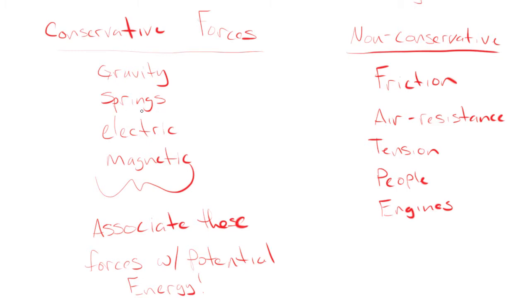And we've, of course, already done that for springs. You've met the potential energy due to a spring, 1/2 kx squared. That's just the work done by a spring, right?